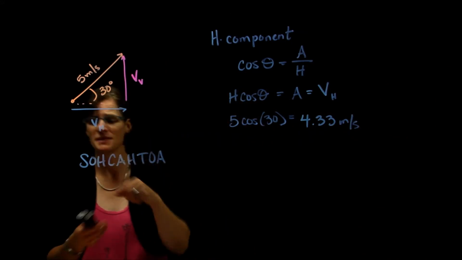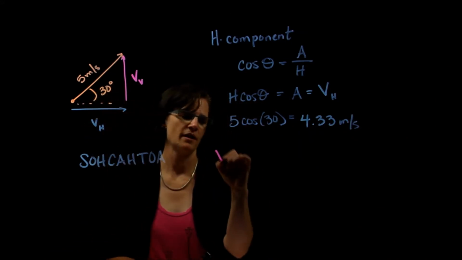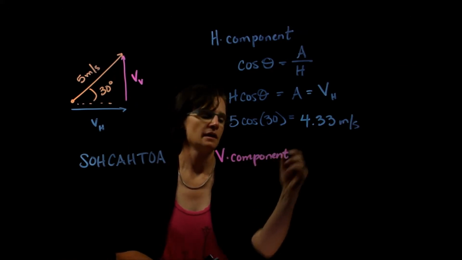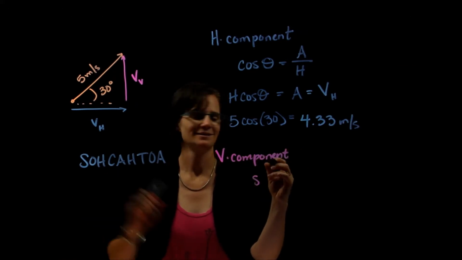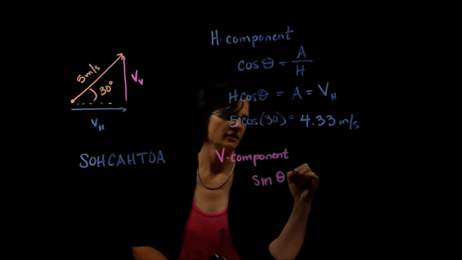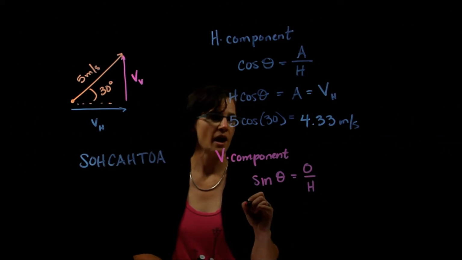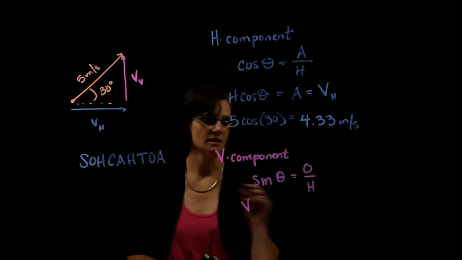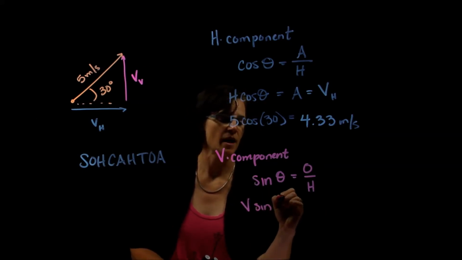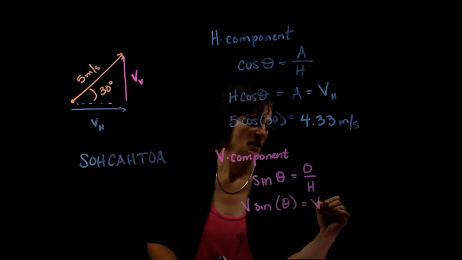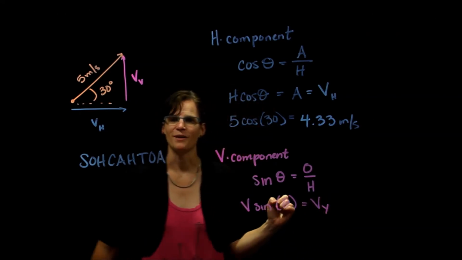Okay, vertically, well, that's opposite my angle, so my vertical component is the sine. The sine of the angle is equal to the opposite over the hypotenuse. So my hypotenuse, or my velocity, times the sine of my angle is going to give me, in this example, my y component of the velocity.